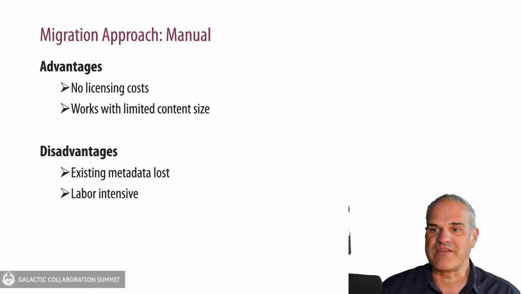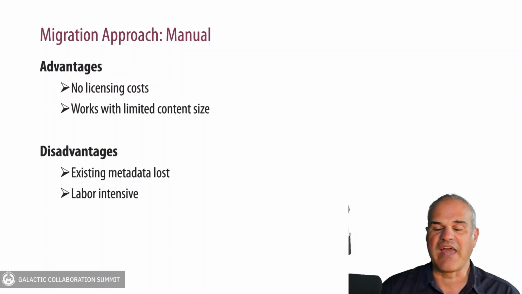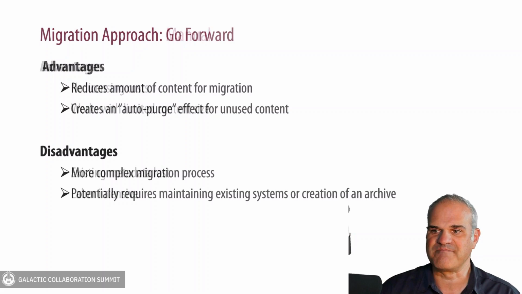You could also migrate manually. The biggest benefit is there are no costs on the tool side, on the licensing side, but you would maybe also lose metadata, which is precious. It's very labor intensive because you don't buy tools, but you have to do everything on your own with your staff. And it only works with limited content size.